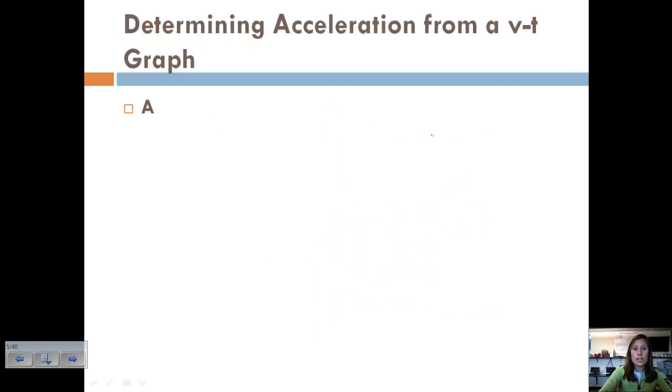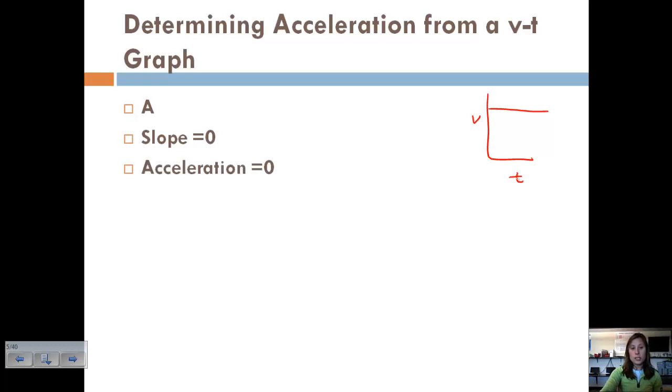Okay, so for letter A, if you remember from the drawing, letter A was up here. If this is a graph of velocity versus time, we would say that the slope is equal to 0. On a velocity-time graph, the slope is equal to acceleration, so this would also mean that the acceleration is equal to 0.